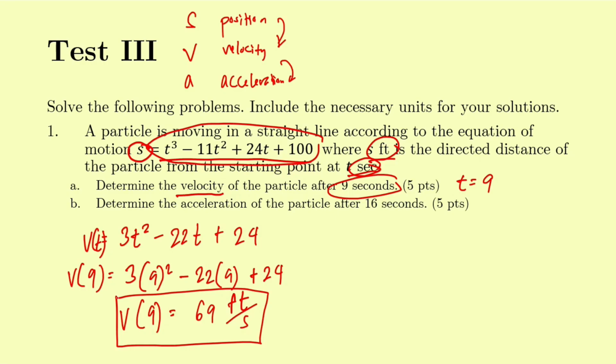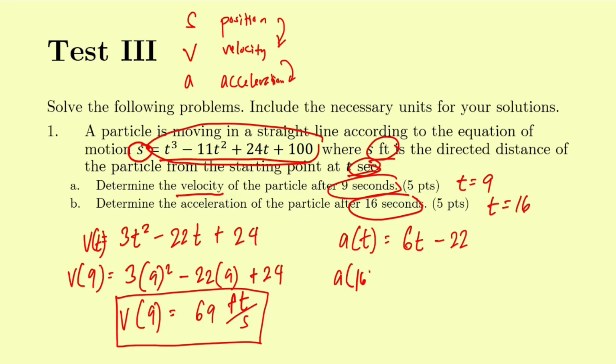For the next one, we are looking for the acceleration. The acceleration of this particle is denoted by the derivative of its derivative, or the double derivative. So we will derive this one. We will end up with 6t minus 22. And simply substitute t equals 16 in this case.